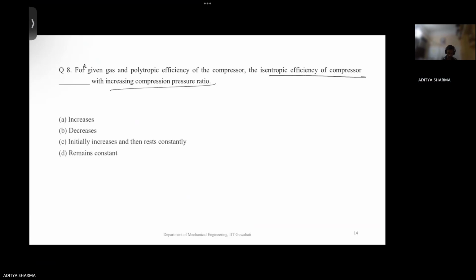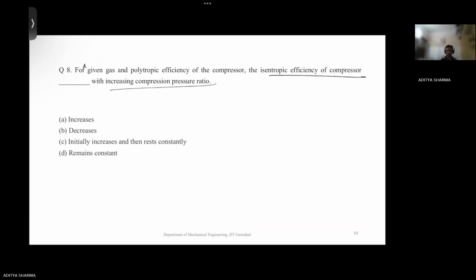Four options have been given: it increases, decreases, initially increases then remains constant, remains constant.